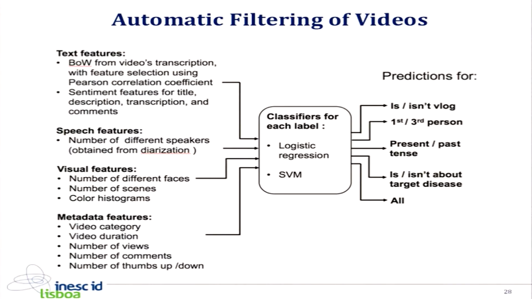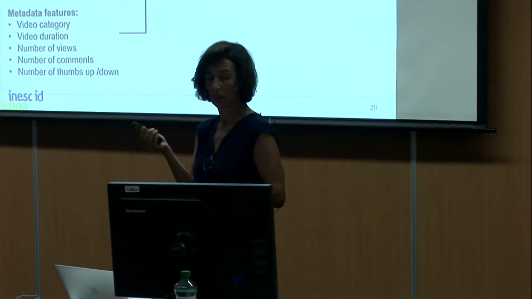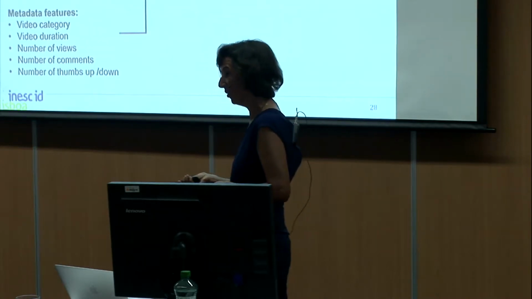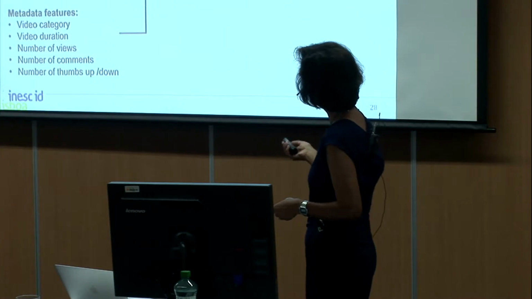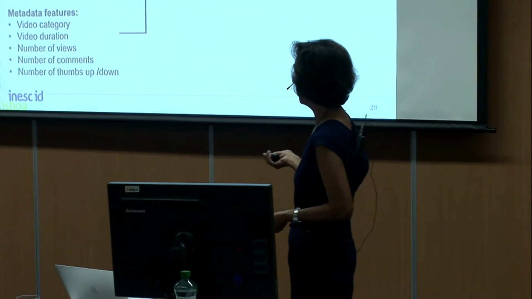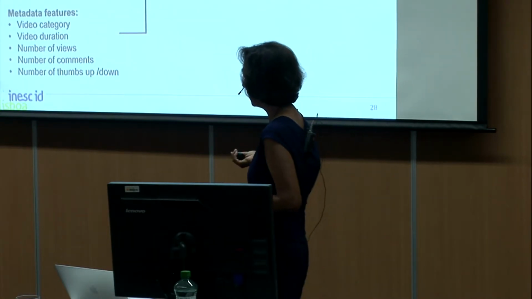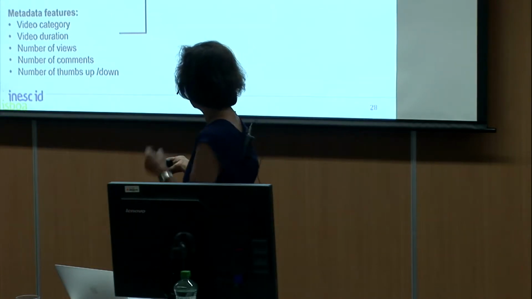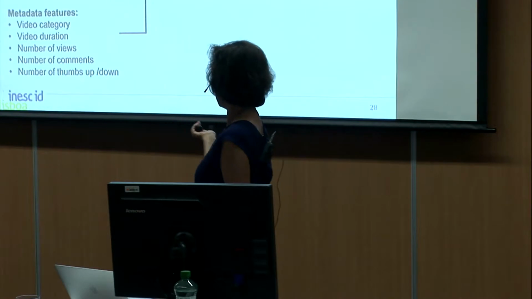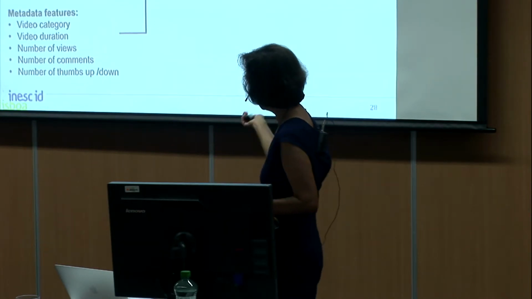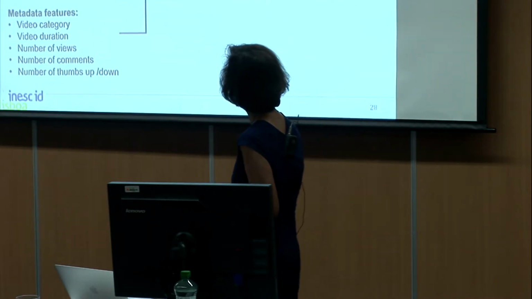We computed from the speech signal using a diarization tool, I think it was LIUM Toolbox, the number of different speakers. The visual features derived were the number of different faces, the number of scenes, and also color histograms. And the metadata features were the video category, the duration, number of views, comments, and thumbs up and down.